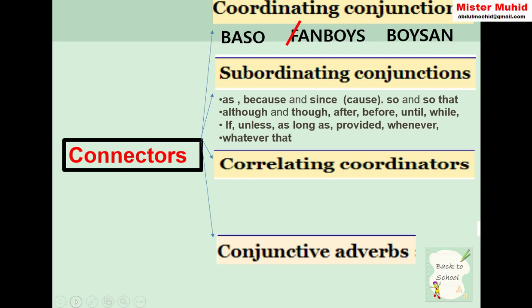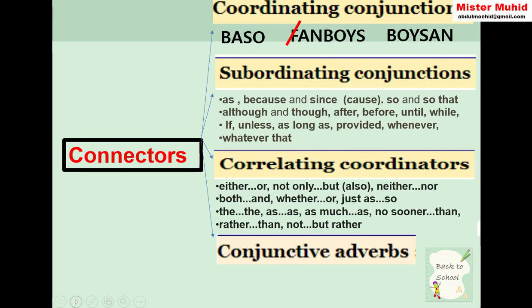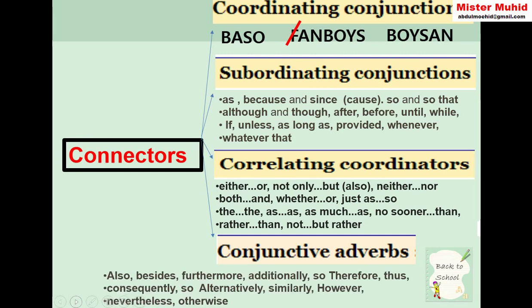Also correlating coordinators: either, or, not only, but also, neither, nor, both, and, whether, or, just as, and many more. And then the last, conjunctive adverbs, like also, besides, furthermore, additionally, so, therefore, and many more. Okay, these are some types of connectors.